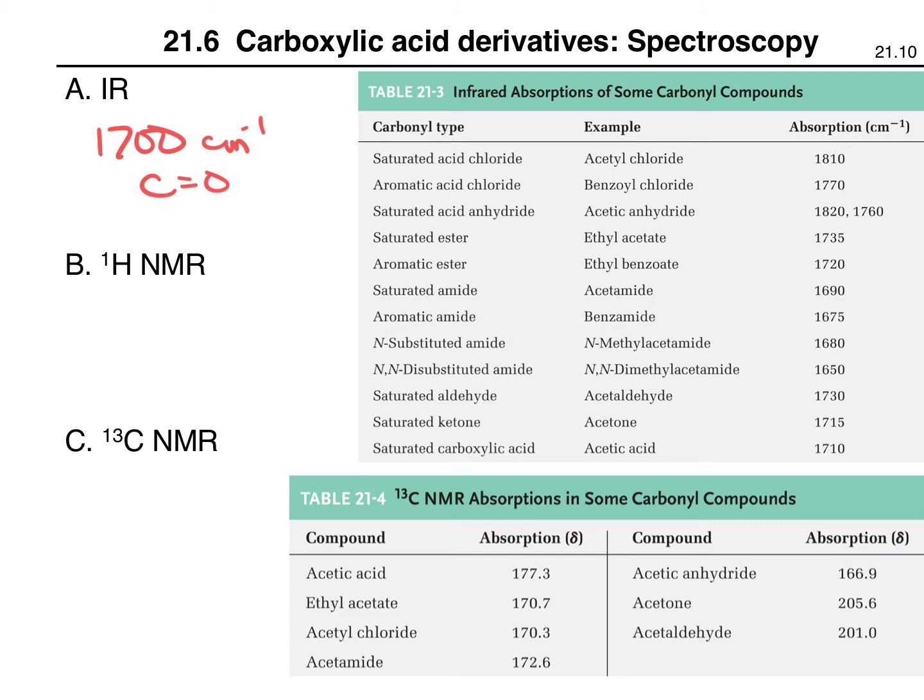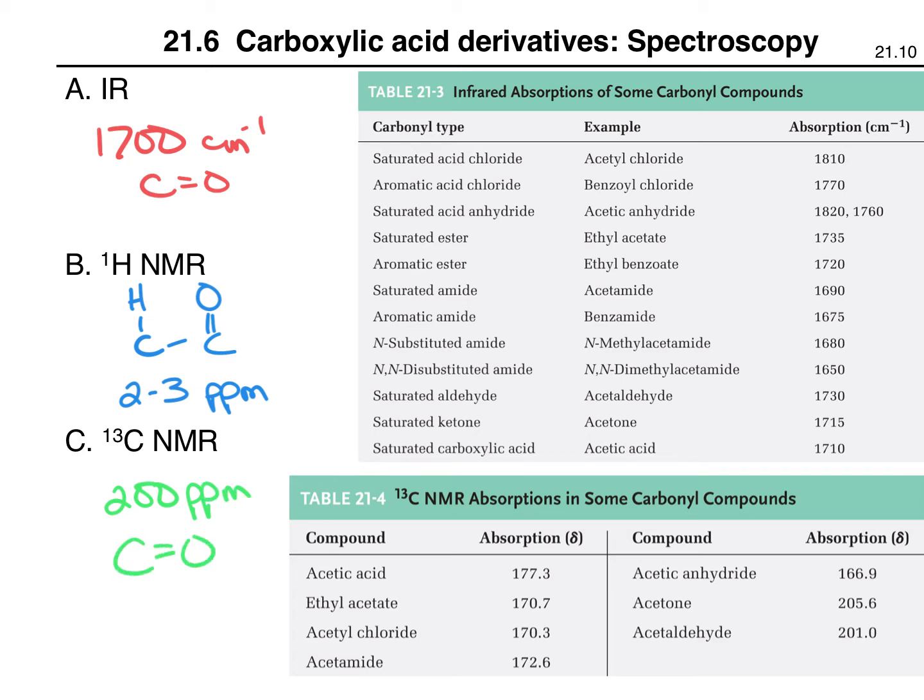For proton NMR, if you have a hydrogen connected to a carbon that is connected to a carbonyl, whether this carbonyl is part of an acid or an amide or an ester, these are going to show up around 2 to 3 ppm. And then for C13 NMR, I like to think about 200 ppm for any carbonyl.